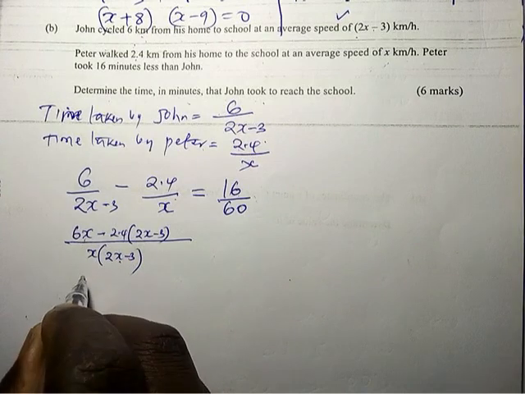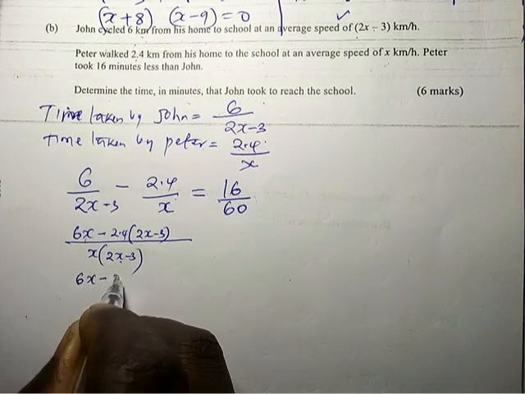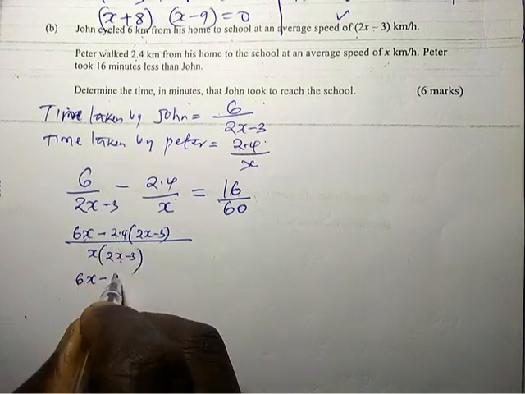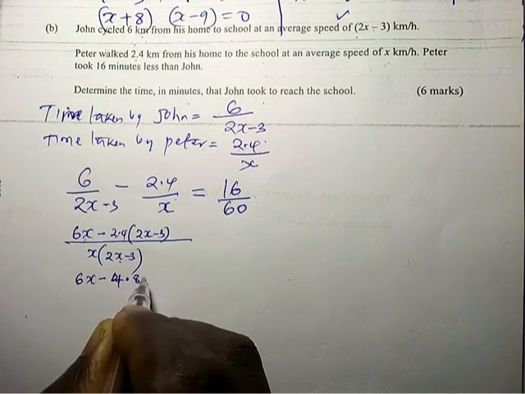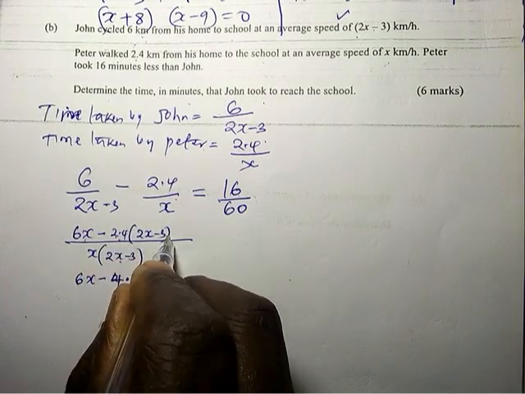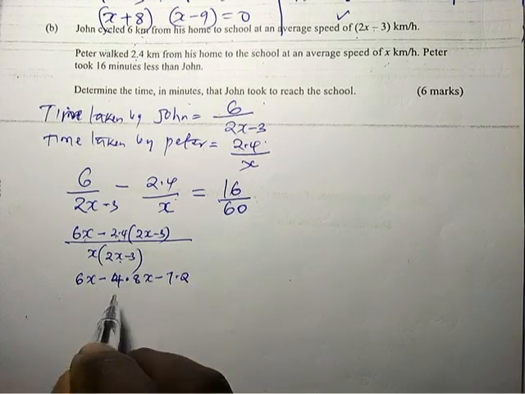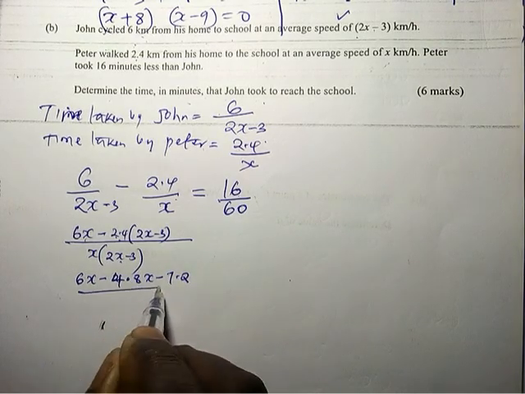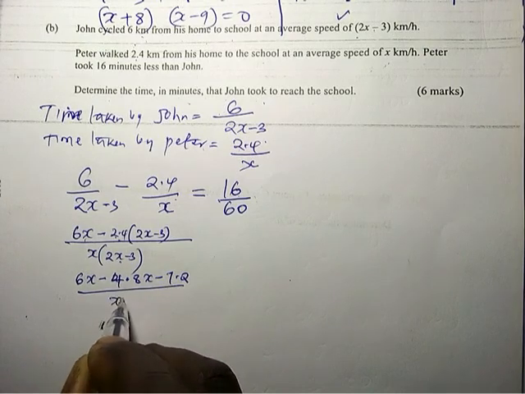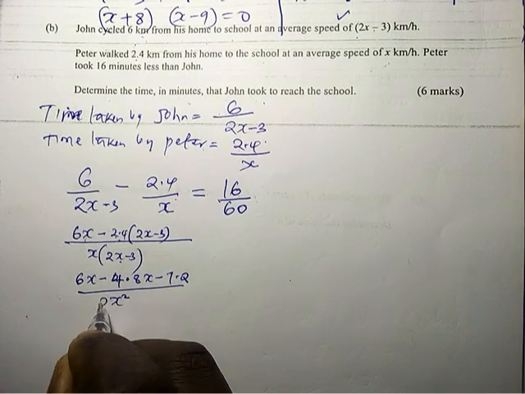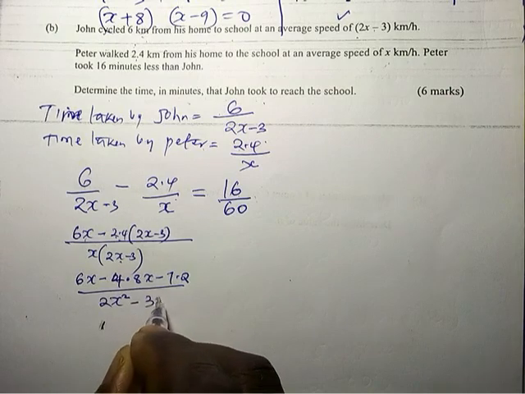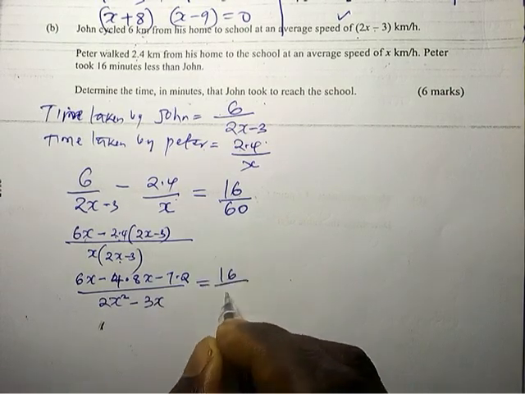So we have 6x minus, this is 4.8x, minus this times this which is 7.2, and then divide by the LCM, which is 2x squared minus 3x, which is equal to 16 over 60.